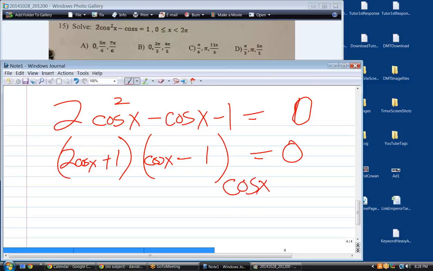So we got cosine x equal 1. What is x in the 0 to 2 pi? Right now, let me find it. This will be a 45.